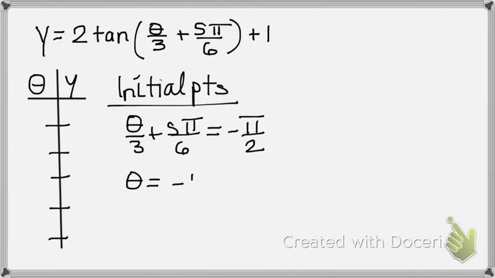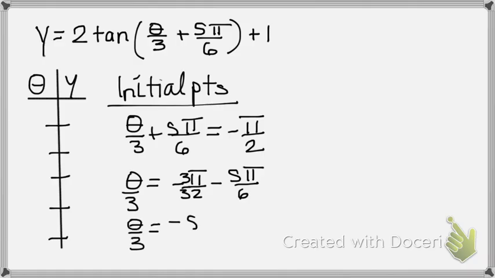So what do I have here? I have negative pi over 2 minus 5 pi over 6, and I still have the over 3 here. So we're going to have to get a common denominator, 3 over 3. So I've got theta over 3 is equal to negative 8 pi over 6. Follow that?